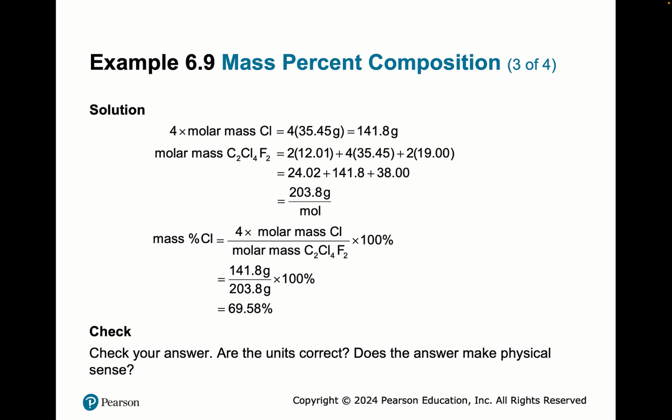Does this make sense? To me, yeah, it does. I don't have the periodic table in front of me, but I'm a chemist, and I know this stuff. You shouldn't memorize the periodic table. That's a waste of your time. I don't even have the entire periodic table memorized, just certain numbers.